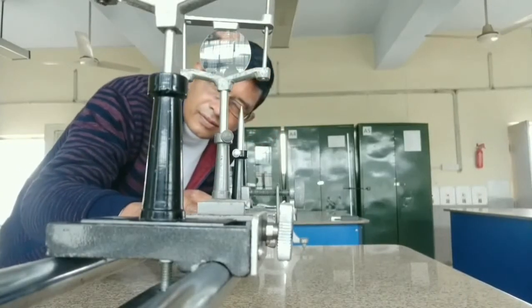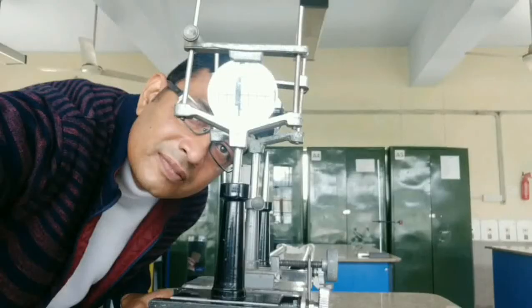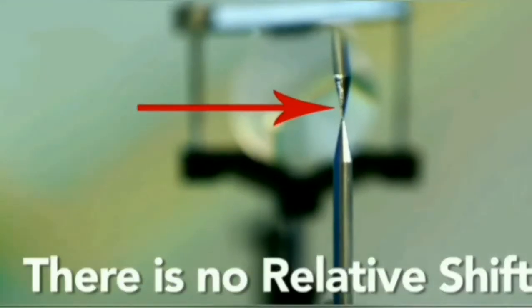In this position, the needle and its image move together when the eye is moved to the left or right. When the two needles come to lie at the same point, there will be no sidewise shift at all. That is, there will be no parallax between the two needles.